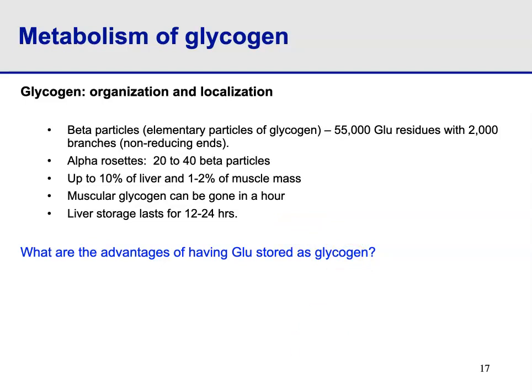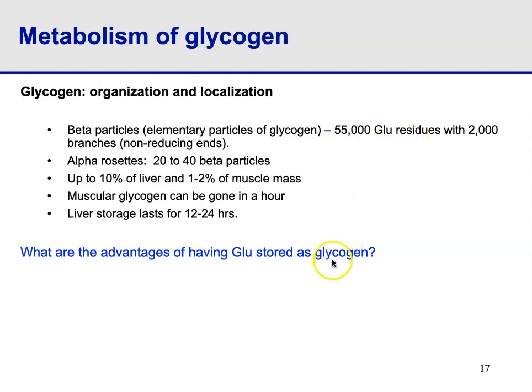If you remember, osmotic pressure depends on the number of particles, not their chemical properties, not their size, and not their structure, simply the number of particles. You can imagine the osmotic pressure the cell will experience if it has 55,000 particles versus 1 particle. The osmotic pressure on the cell will be tremendous if we just have glucose and not glycogen.